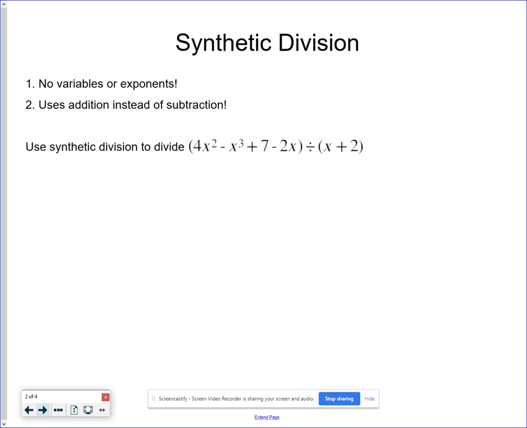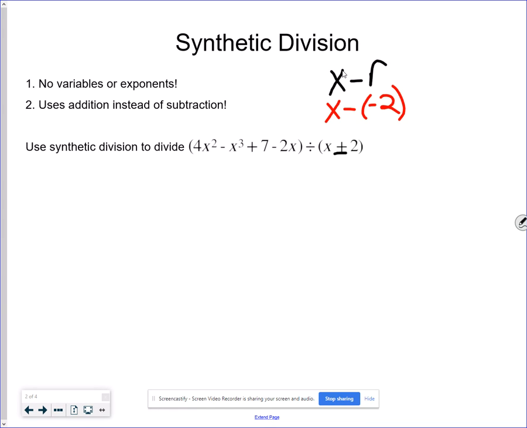And this time we're going to divide that by x plus 2. So if you remember from the first example, we need this to be in the form of x minus r. But here we have a plus. So in order to make this of that form, I'm just going to rewrite this as x minus negative 2. Because if we were to actually try to solve this, when you subtract your negative, you add a positive.